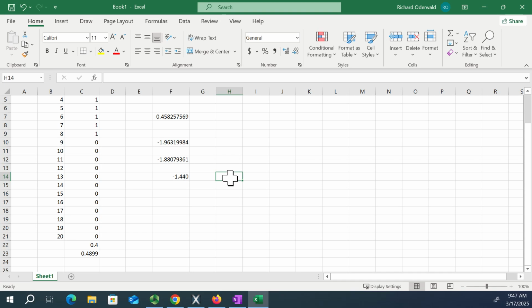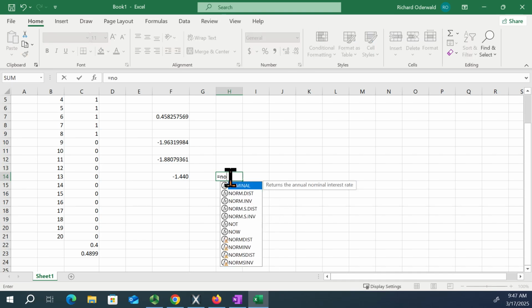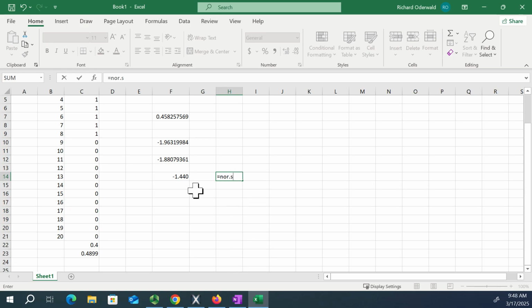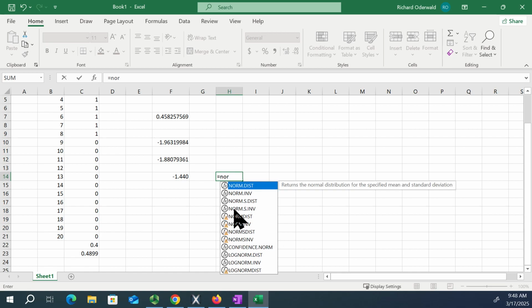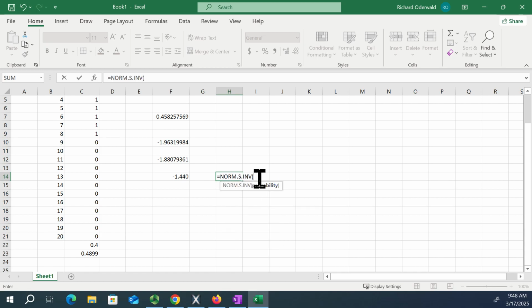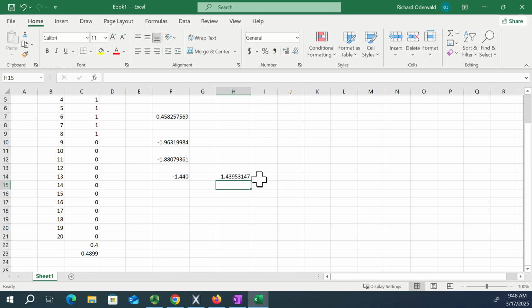So it's equals norm dot S dot INV 0.925, and all I do is get the positive version of that.